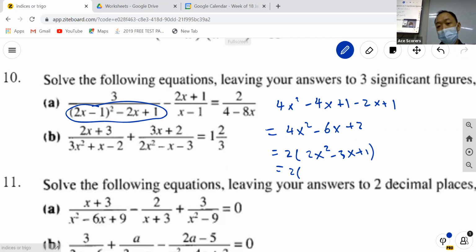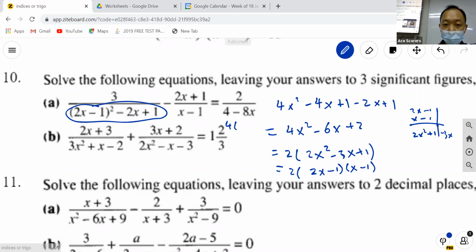What do you get? 2x minus 1, x minus 1. Okay, so here can take out 4, left 1 minus 2x. Got it?